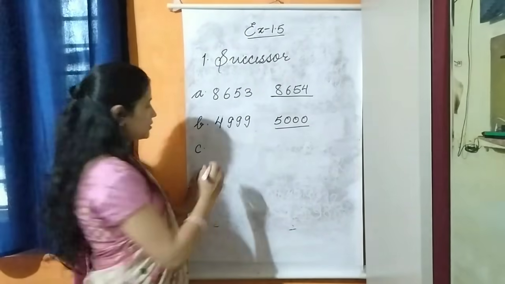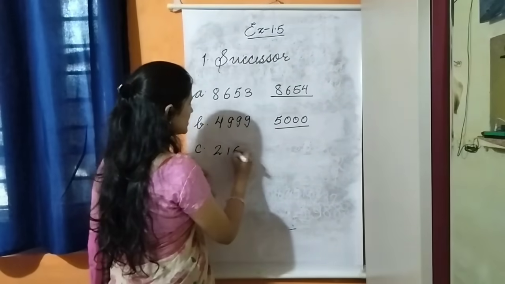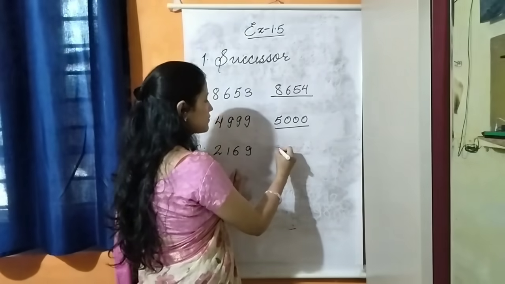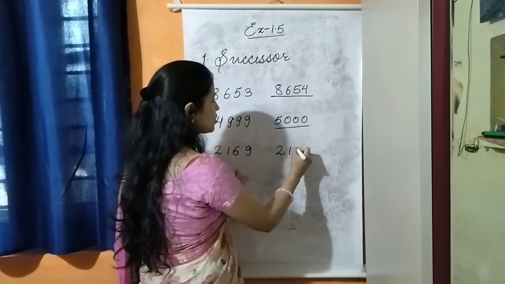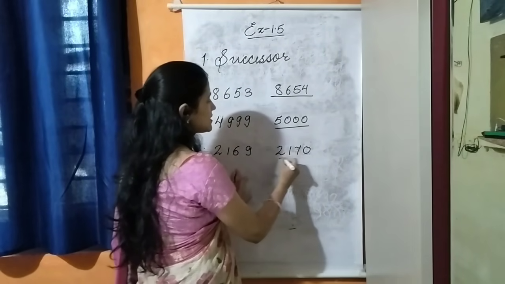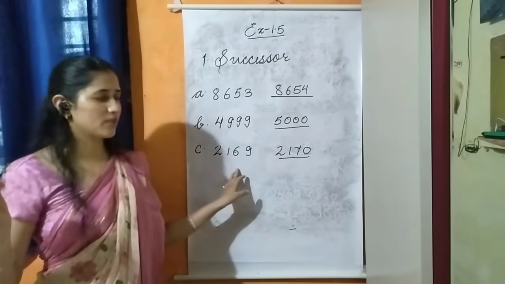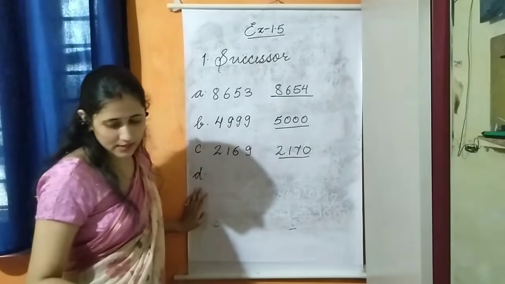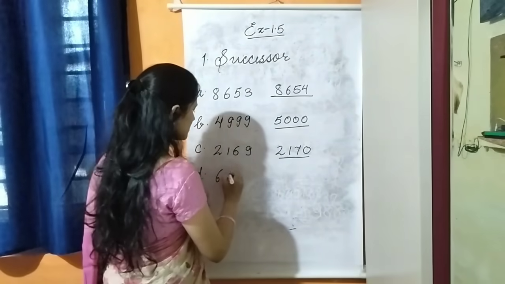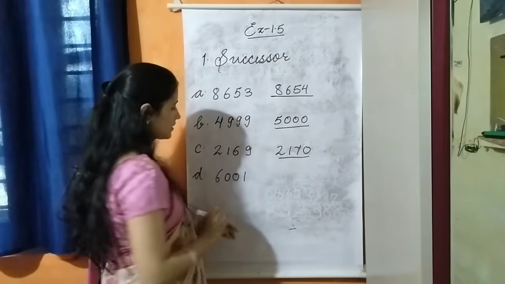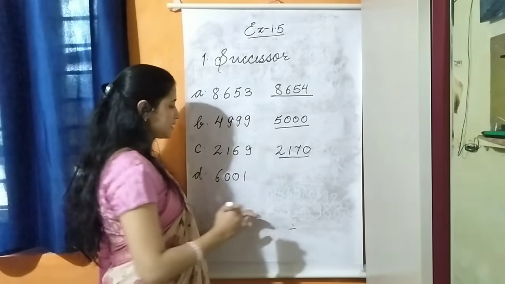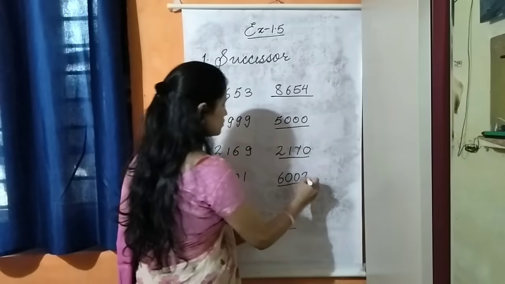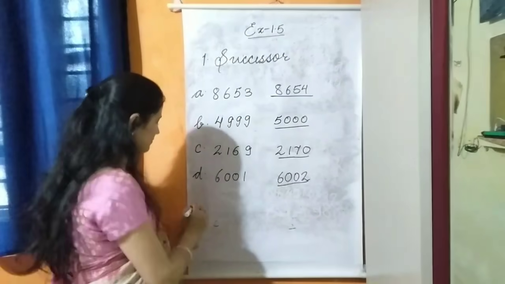C, 2169. The successor of 2169 will be 2170. D is 6001. By adding 1, we will get the successor 6002.